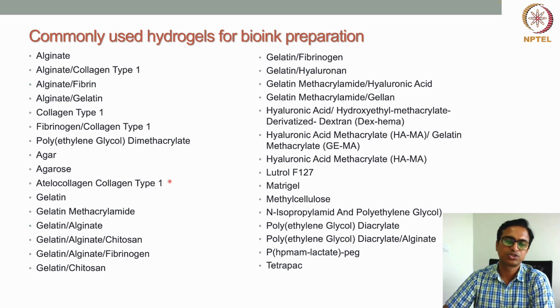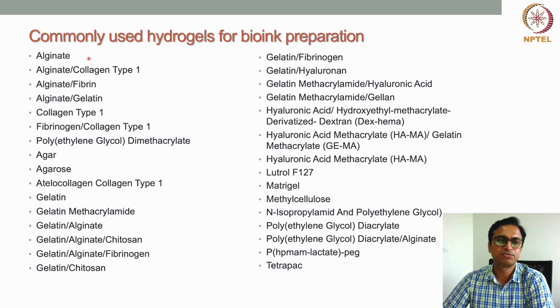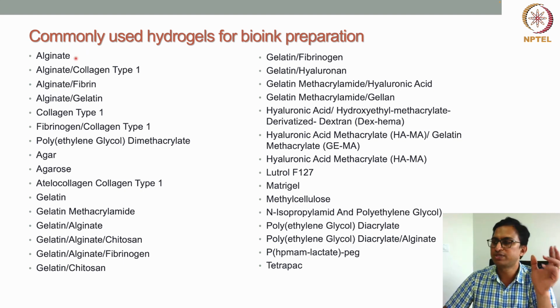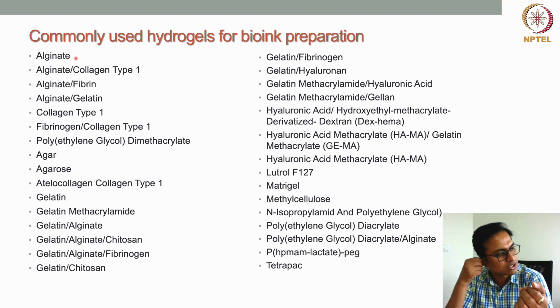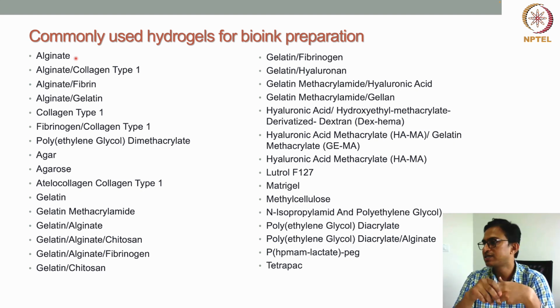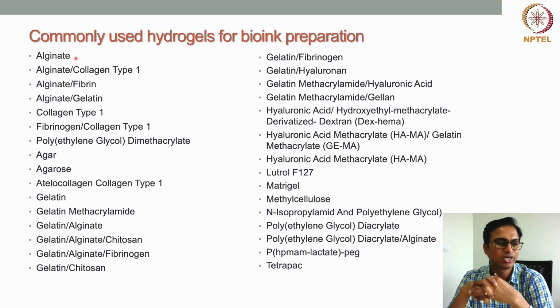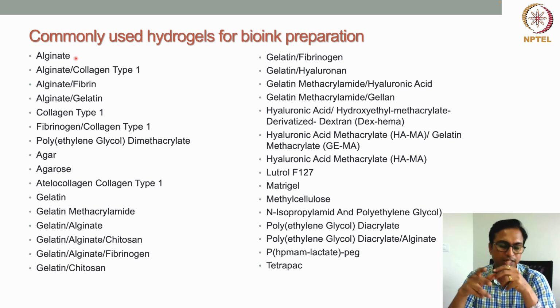But these are the most commonly used. Alginate is the most widely used bioink material, because alginate can be cross-linked by introducing calcium ions, and then ionic cross-linking happens, which gives rapid gelation, and that's why alginate is a very popular material for different applications.